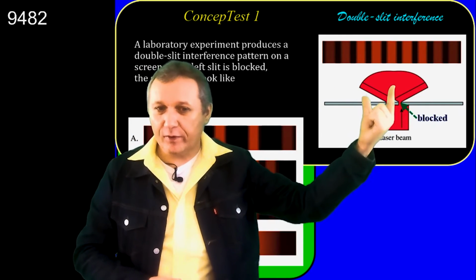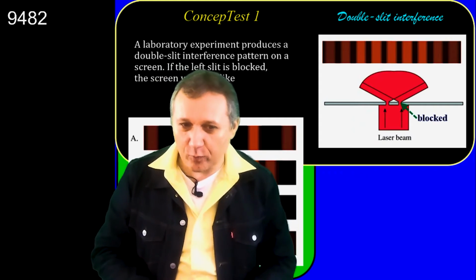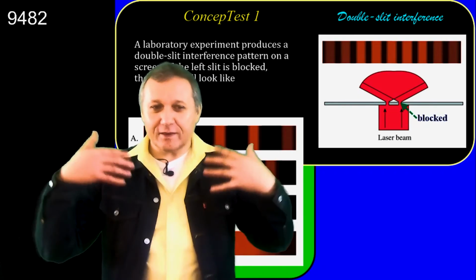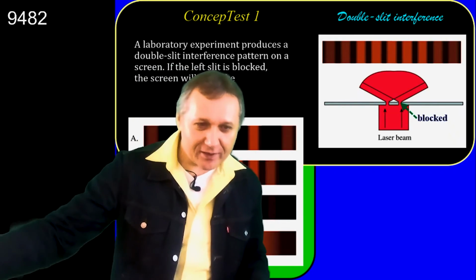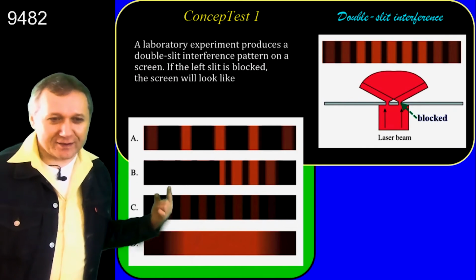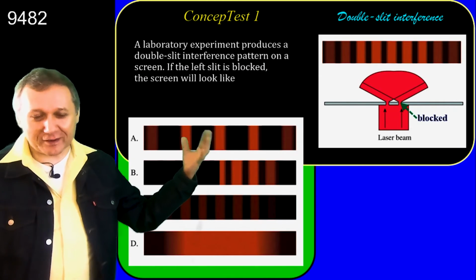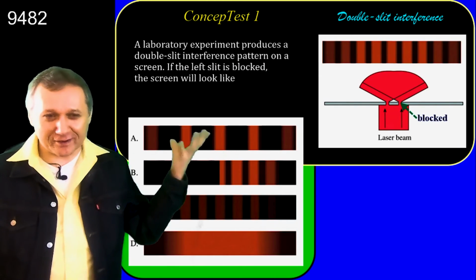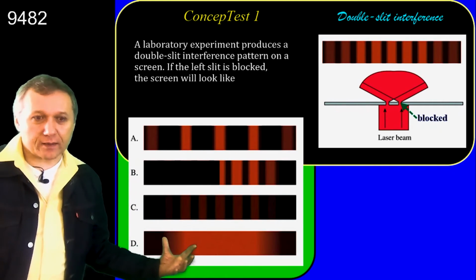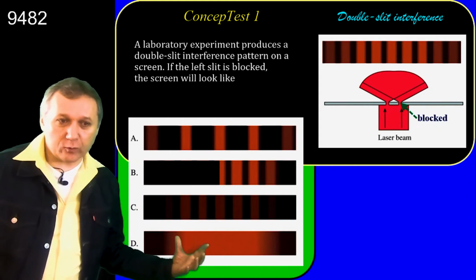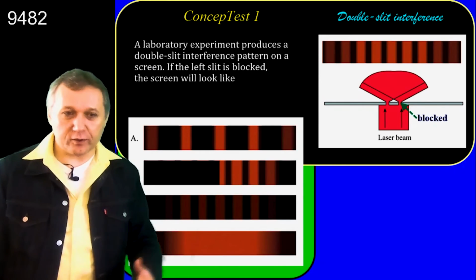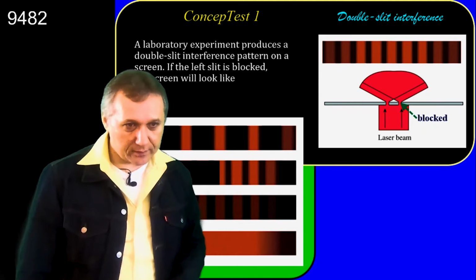As a result, we will have only one circular wave spreading and reaching the screen. One wave cannot interfere with itself. There must be a second wave. As a result, all this nonsense, A, B, C, when I was showing these slides, I could barely hold my smile, because obviously the correct answer is D. Now we will have only one wave, there is nothing to interfere with, and one wave is going to give us just a uniform distribution of light.